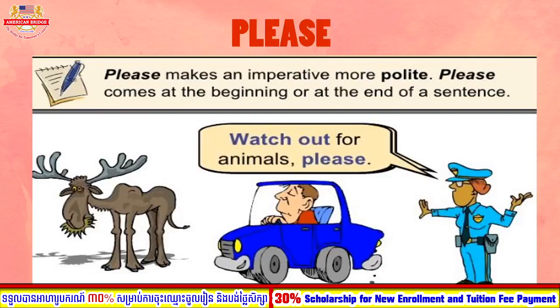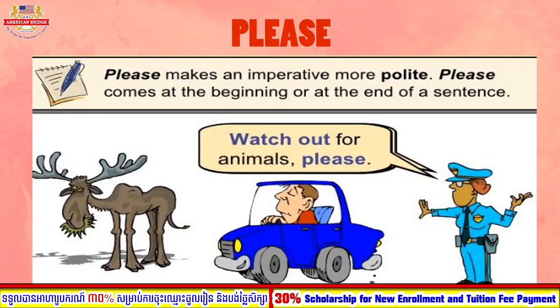Okay, so as you know already, sometimes we see in the imperative sentence that we have please. Please makes an imperative more polite. Polite is like respect, right? Please comes at the beginning or at the end of the sentence. Example, this one: watch out for the animal, please.